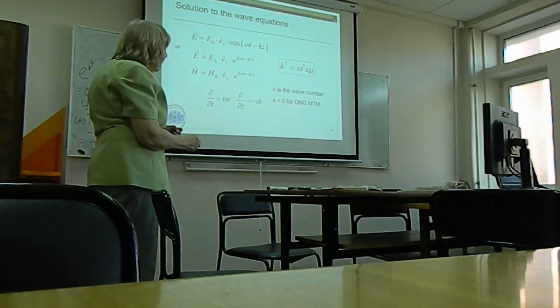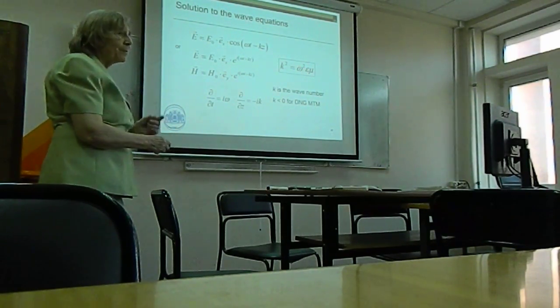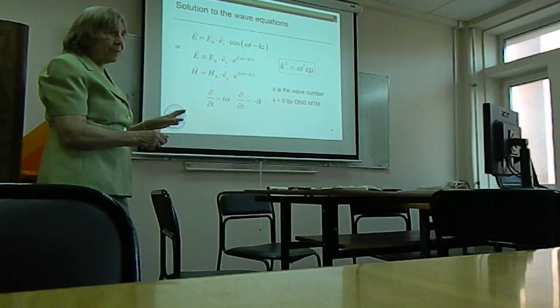For the wave equation, it was defined in such a way. So this parameter, the wave number, depends on the main parameters of the medium, of the material, of the metamaterial.